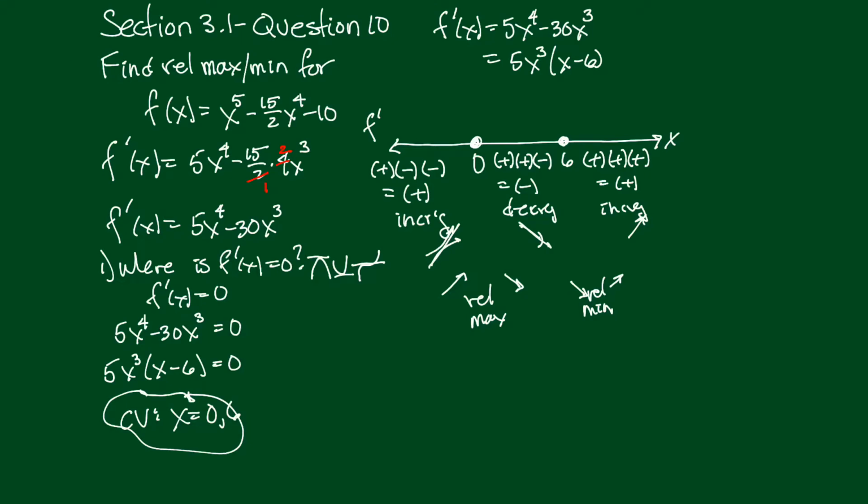So here's what I'm going to conclude. We're going to have a relative max at 0, and if I put 0 back into the function, just put 0 all the way back into the original function. So if I put 0 in here, 0 in here, I'm just left with negative 10.